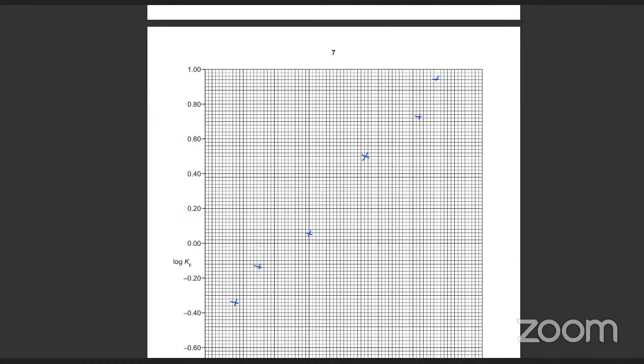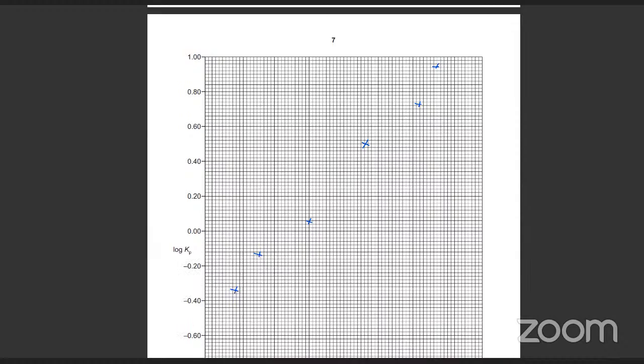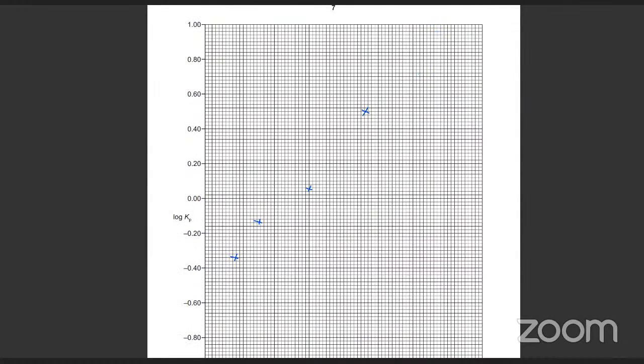Then what you have to do is draw a line of best fit. When it says a line of best fit, that does not necessarily mean a straight line. Maybe the data is kind of curved. So remember, a line does not mean straight line. It could mean a straight line, but you would have to check with the data. In a case like this, you would have to make a freehand curve.